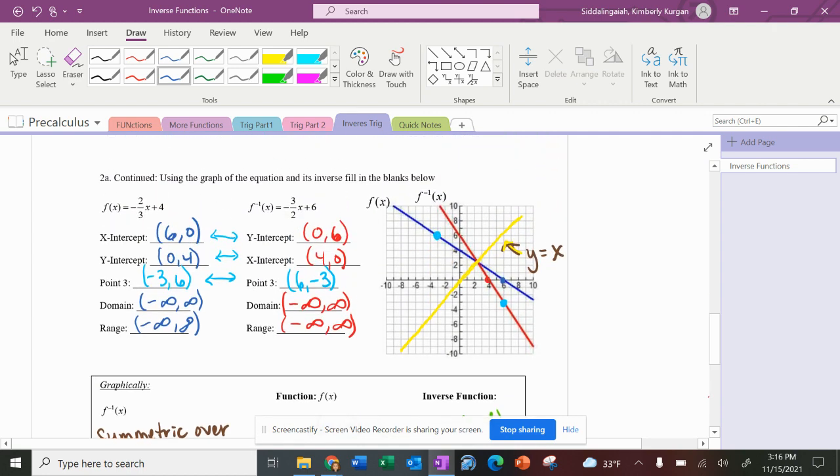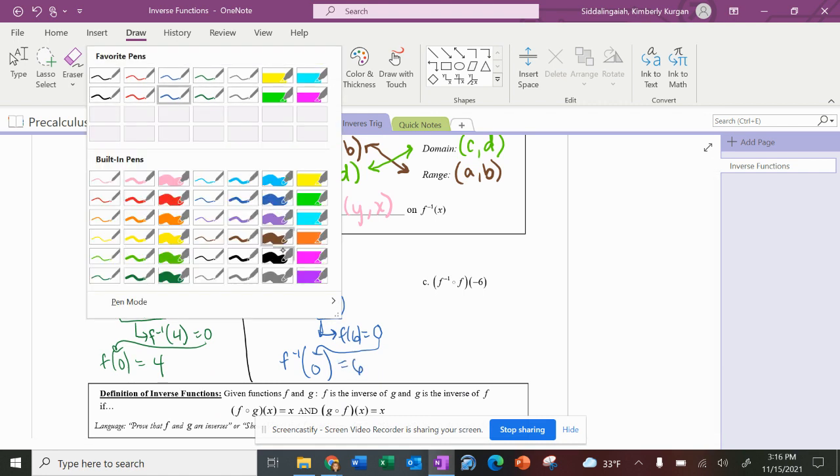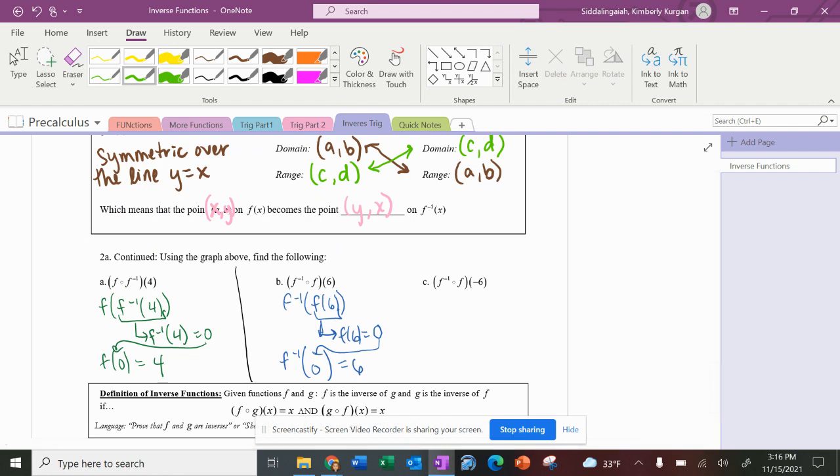So red graph, f of 0. Wait a minute. This is 6. Do you see that, folks? Do you see that this is matching this? Okay, this has got to be unreal.